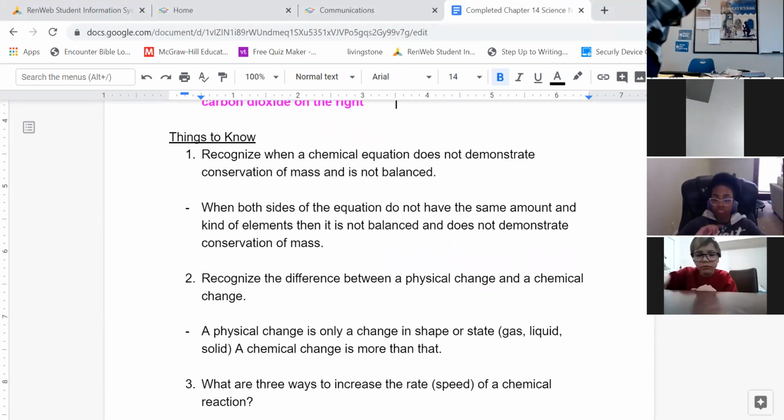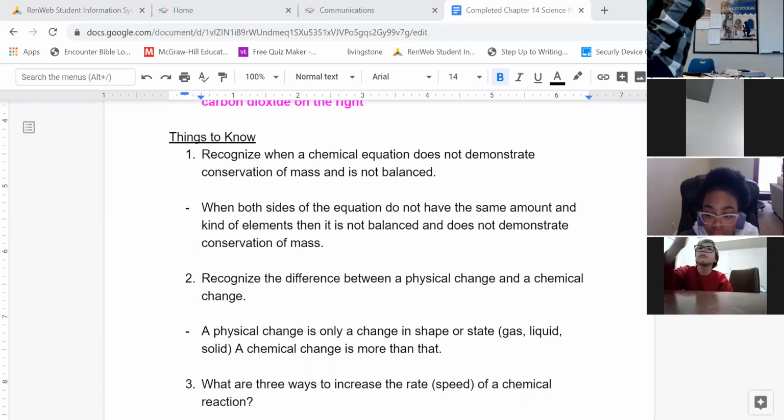Now, things to know. The first one, recognize when a chemical equation does not demonstrate conservation of mass and is not balanced. All right. So when both sides of the equation do not have the same amount and kind of element, it's not balanced. And then that means it does not demonstrate conservation of mass.